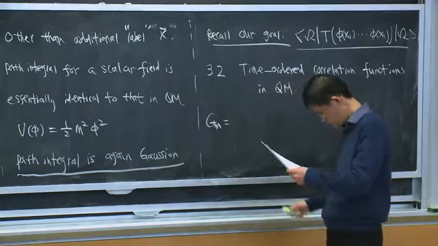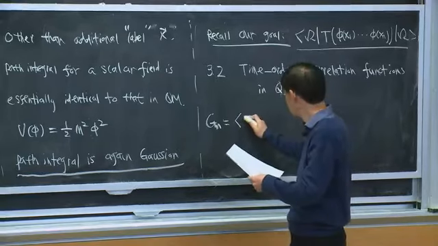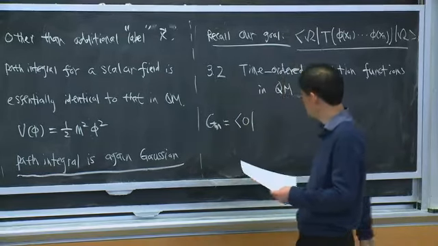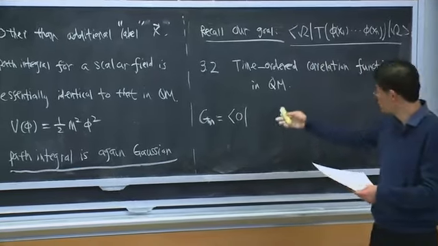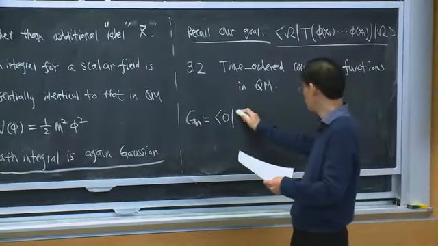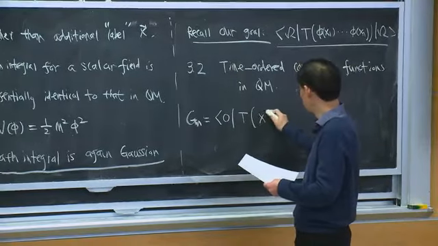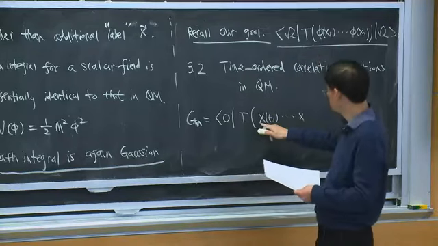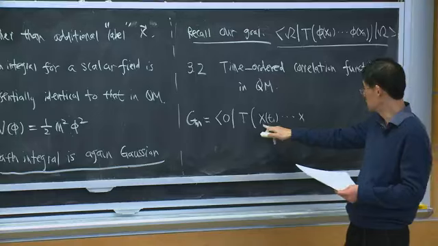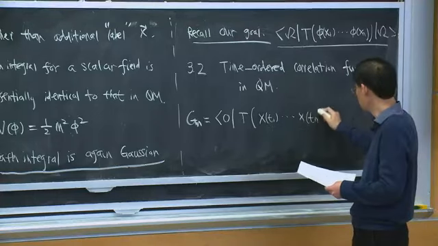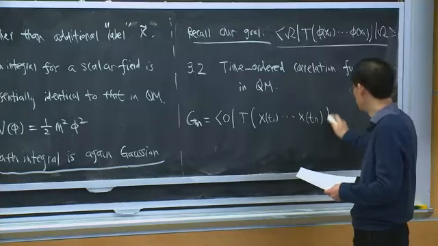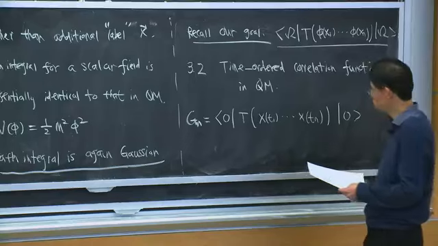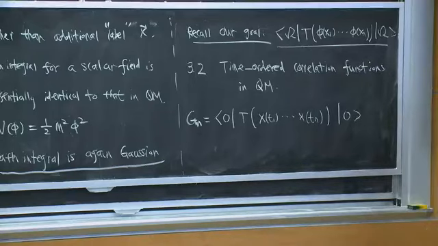Let's call |0> the vacuum of this quantum mechanical system. Then you have the time ordering of x(t1), because the dynamic variable for quantum mechanics is just x, up to x(tn) at different times, between <0| and |0>. We want to compute such an object in quantum mechanics.